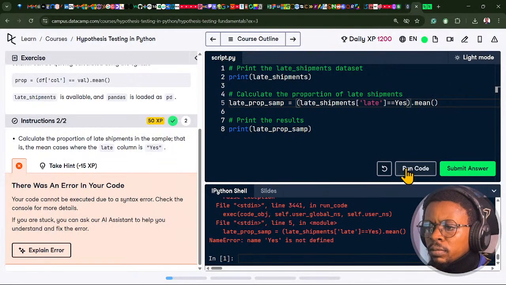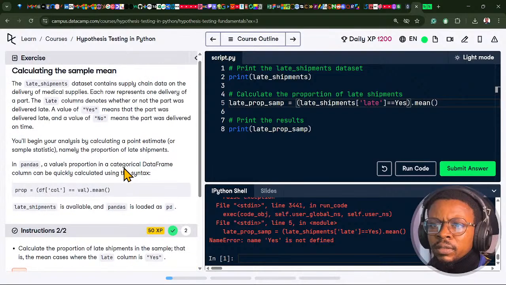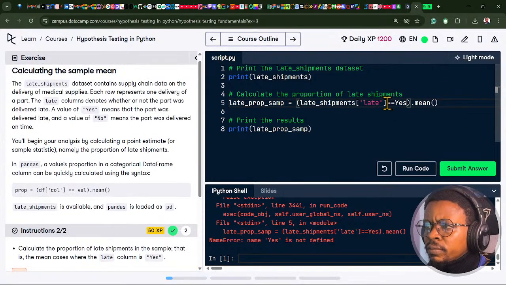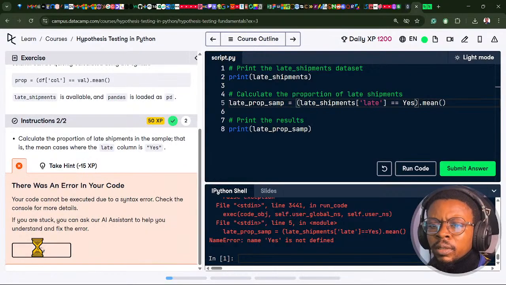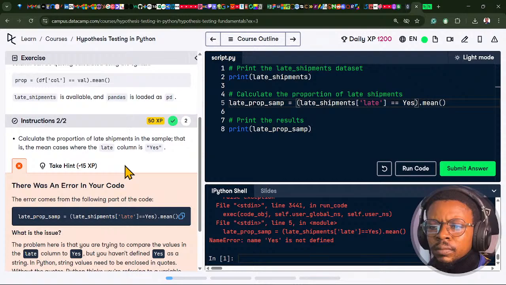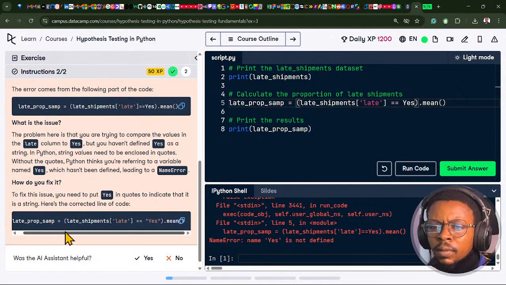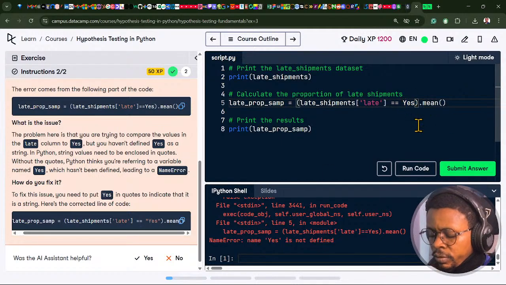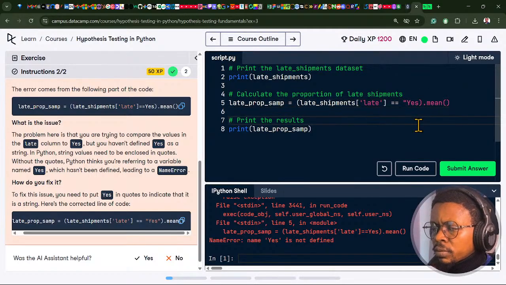Okay, now let's run the code. Yes is not defined. I'm having an error here. Let's look up the error also. Since it is a string, you have to wrap it in double quotes.